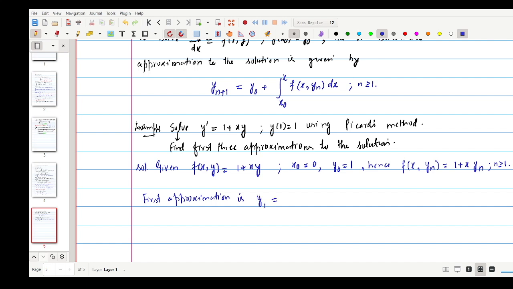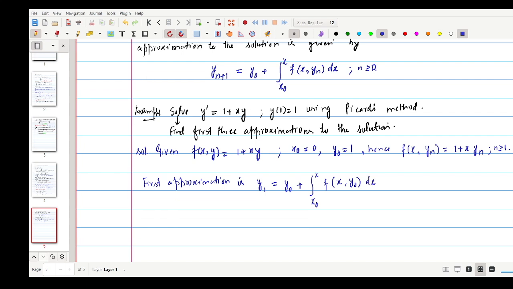Now using n equal to 1 in this formula, we get y1 is equal to y0 plus integral x naught to x f of, actually n equal to 0 here, so we shall write n greater or equal to 0 here, comma y0 dx. Now substituting the value for y naught, which is 1, x naught is equal to 0, x is same as x.